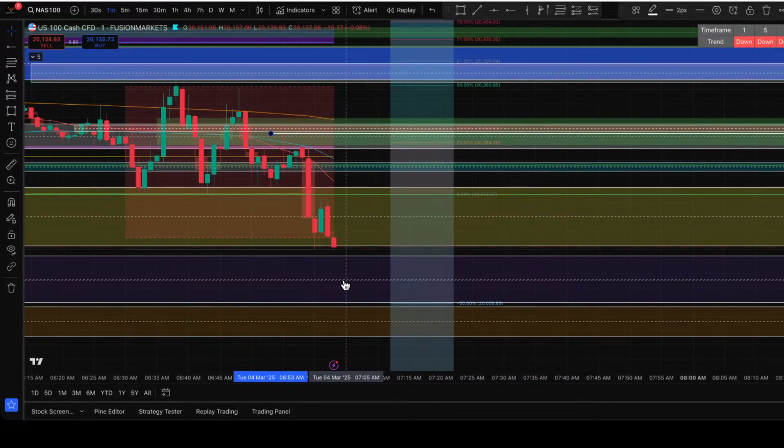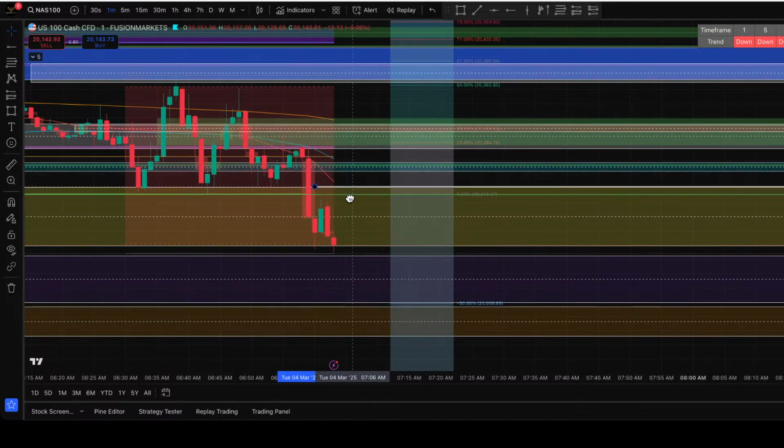We're still red across the board. There you go. Now we move our inducement to here.